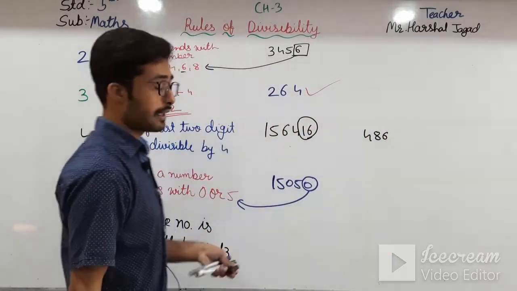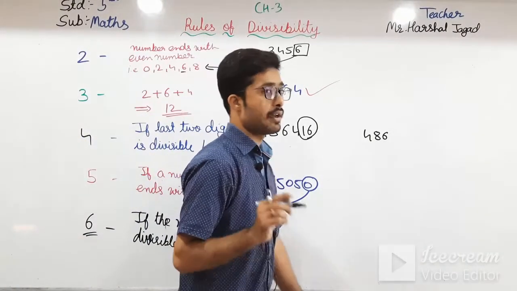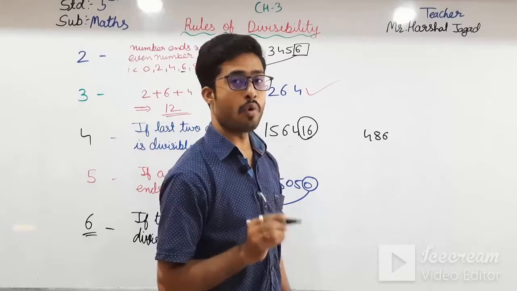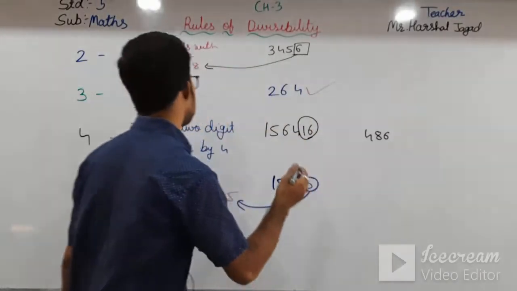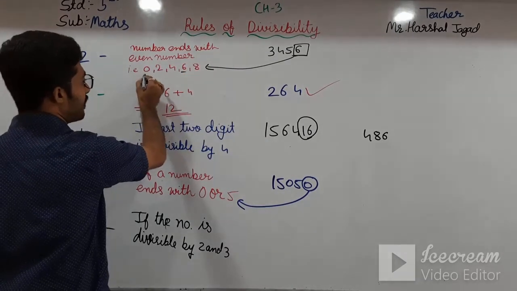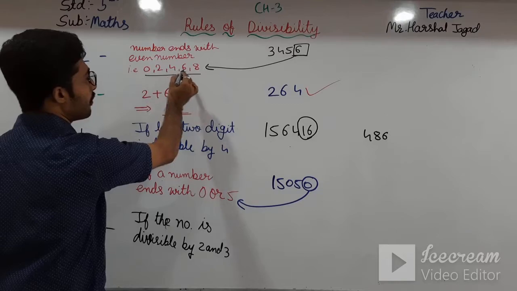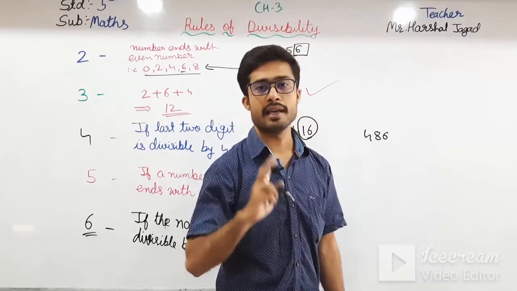Then we have to know whether it is divisible by 6 or not. Then what do we have to check? We have to check whether it is divisible by 2 or not. First of all, checking the divisibility test of 2. For divisibility by 2, the end number must be even, 0, 2, 4, 6, 8. So here there is an even number, so it is divisible by 2.